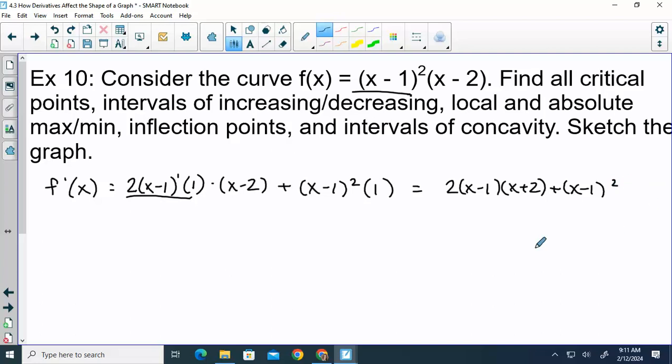All right. Now, if I want to find the critical points, I need to know when that is 0. So we have two terms. What could I take out of both terms?